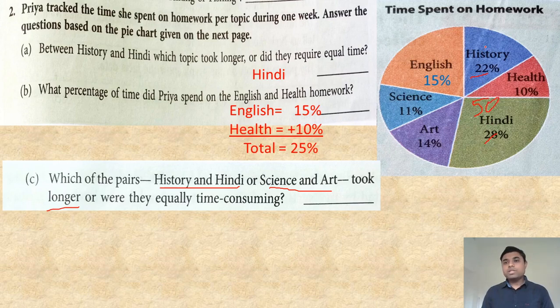So for history and Hindi, total time 50. And for science and art, here 11 and here 14, so it will be 25. So which of the pairs took longer? Obviously 50 is longer. So which pair? History and Hindi. Write the answer, history and Hindi.